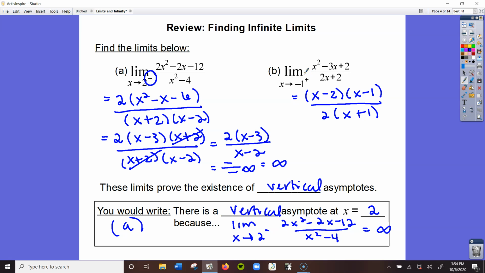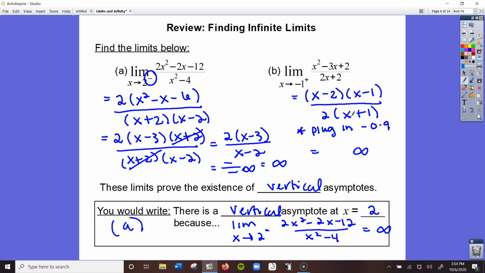Since this is coming from the right, I'm going to plug in something slightly to the right of negative 1. So in this case, I'm going to plug in negative 0.9. Remember that we already know the answer is some kind of infinity. What we're trying to figure out is whether it is positive or negative.